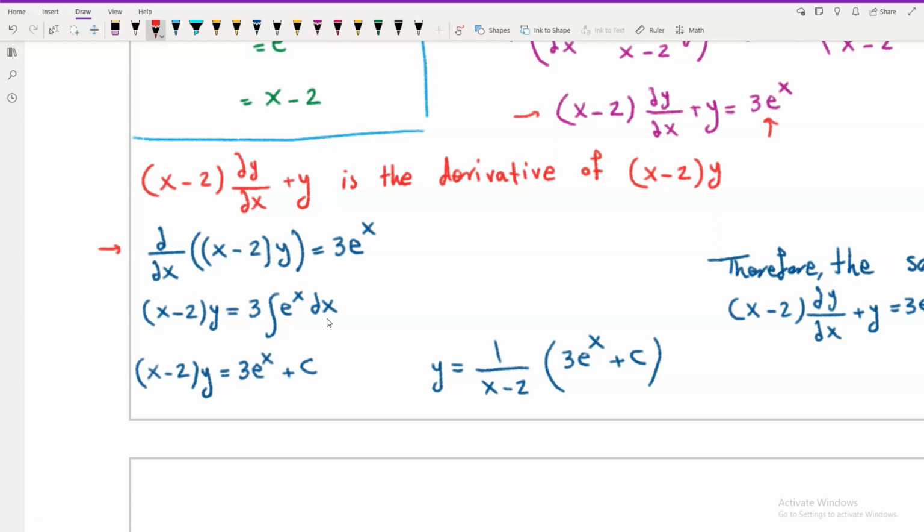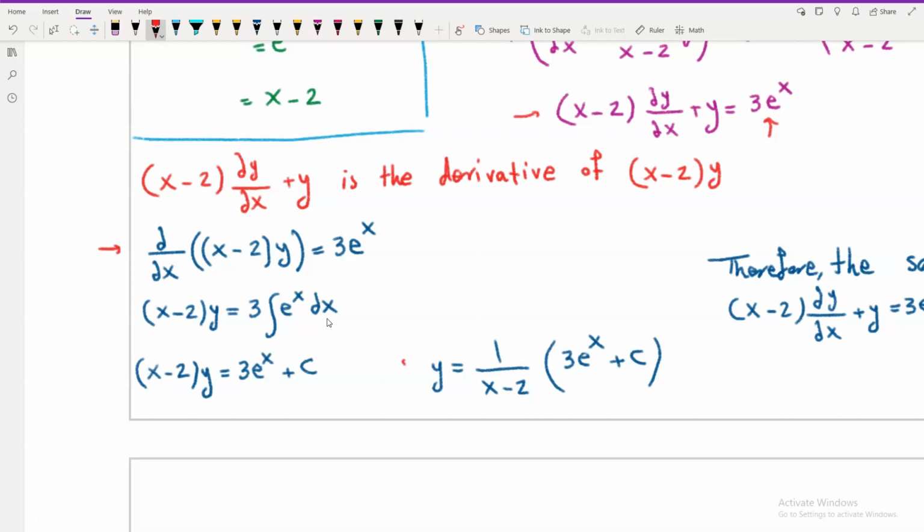Now integrate both sides of the equation. We have (x - 2) times y equal to 3 times the integral of e^x dx. And then simplify, so (x - 2)y is equal to 3e^x plus constant c. And finally, divide both sides of the equation by x - 2.